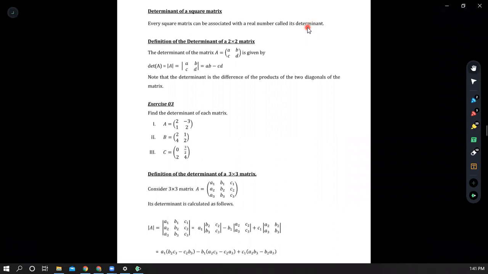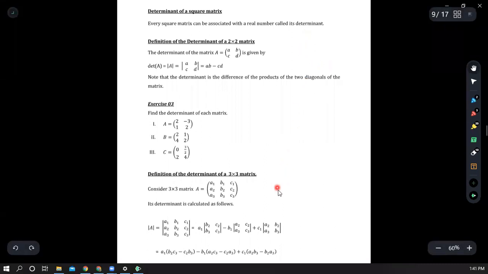To identify the determinant of a square matrix, we will discuss two methods. The first method is applicable only for 2 by 2 matrices, and for 3 by 3 matrices we will discuss a general method.